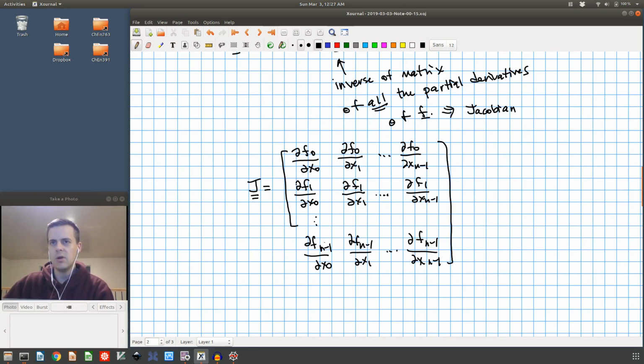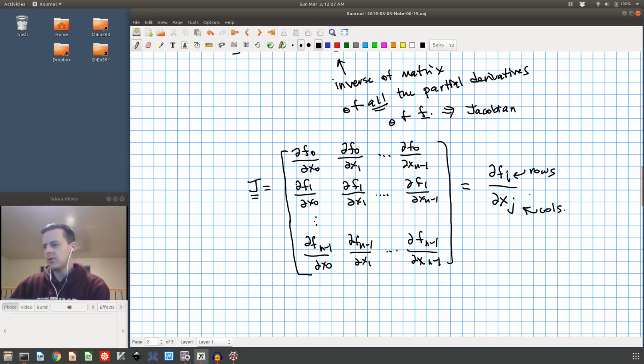Looks like I didn't make my matrix go down far enough. Okay, so one way to write this is dfi dxj, where i is the rows and j changes over the columns.